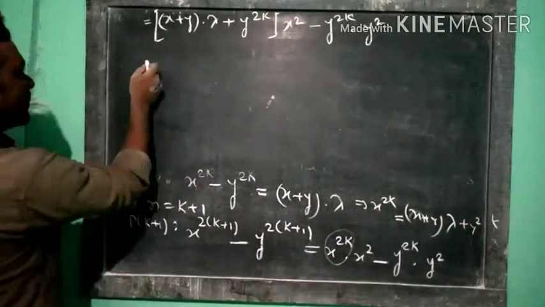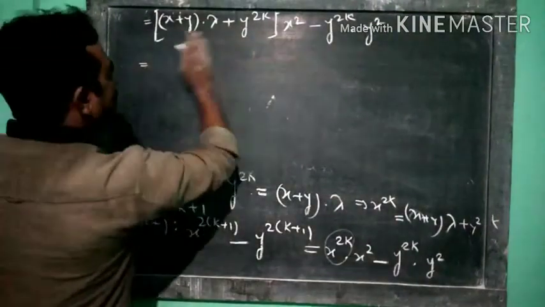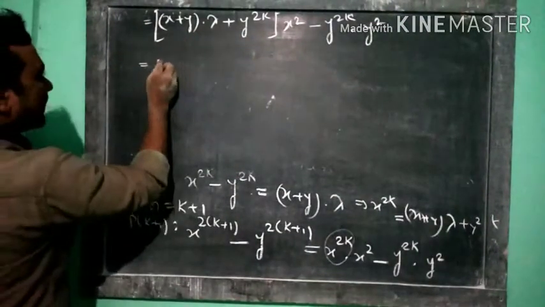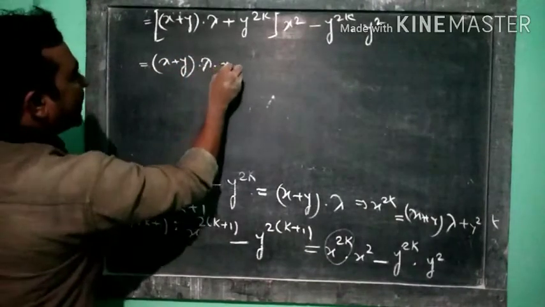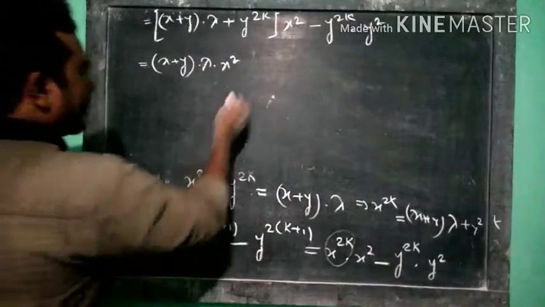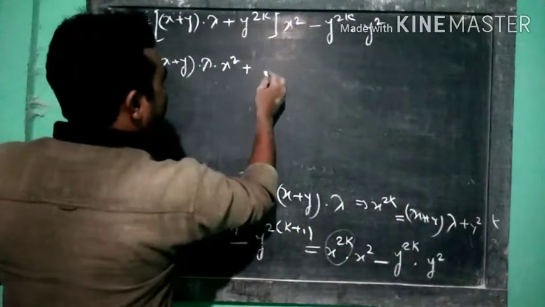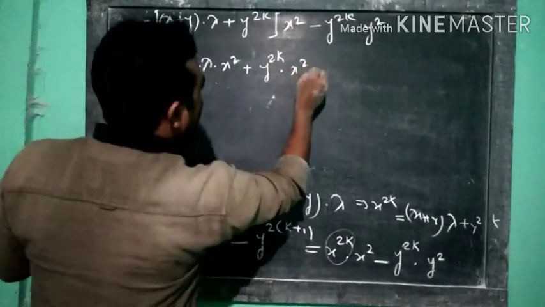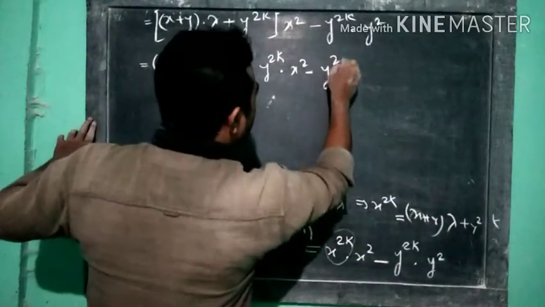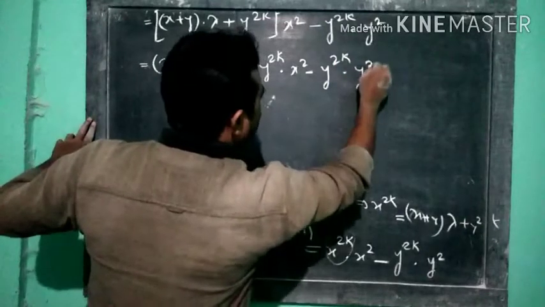So this is equal to, if we multiply, x plus y into lambda into x squared, plus y to the power 2k into x squared minus y to the power 2k into y squared.